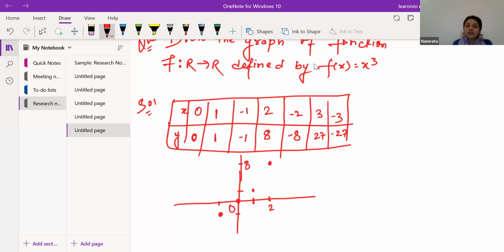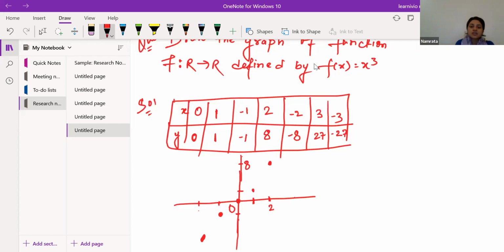See all the dots. At last, I am going to connect all the dots. When x is -2, y is -8. That means this is the point. When x is 3, y is 27. Again, it's huge.